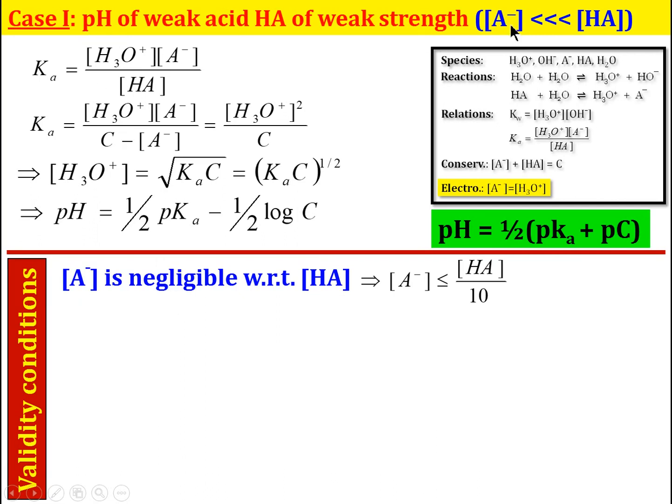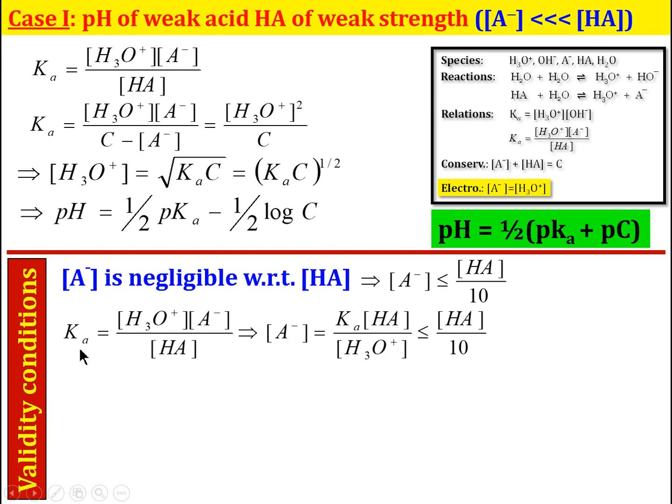As we said, we suppose that A minus is negligible with respect to HA. So A minus is less than or equal to HA in solution divided by 10. The expression of Ka equals the concentration of H3O plus times A minus at equilibrium divided by HA at equilibrium. So A minus equals Ka times HA divided by H3O plus.